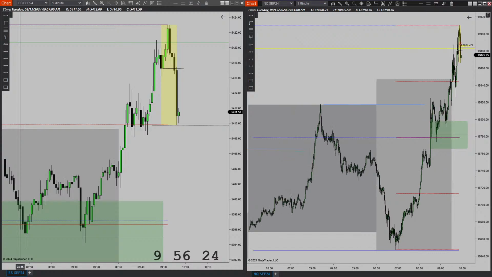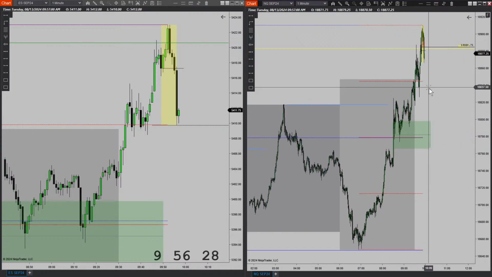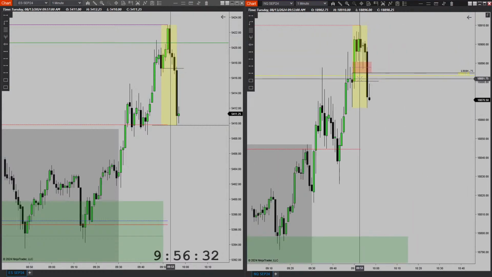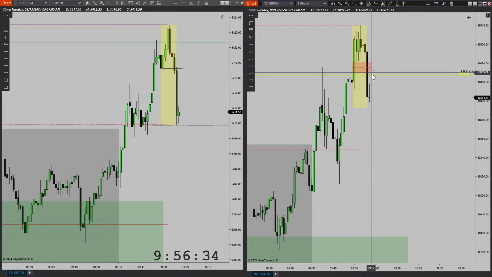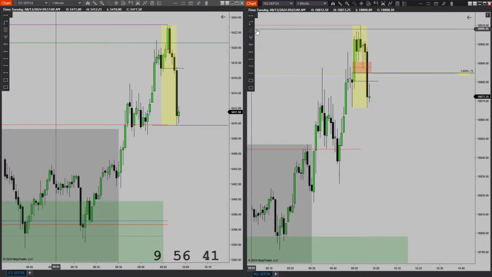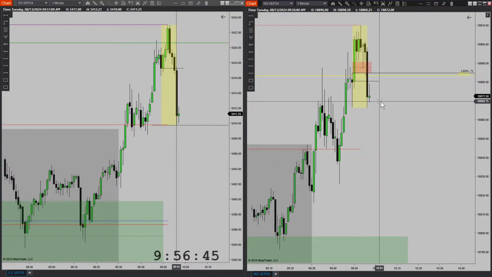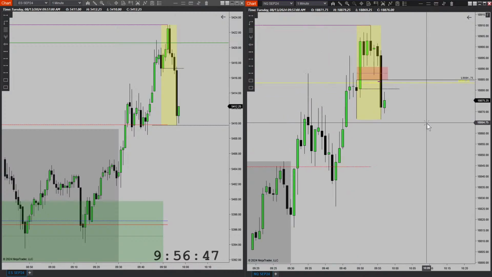Because if I'm right, then this whole area could be the entry. I would like to add one more if price comes into here, because that would be, actually, not there, but right here. So let me go ahead and do this. All right, so equilibrium.